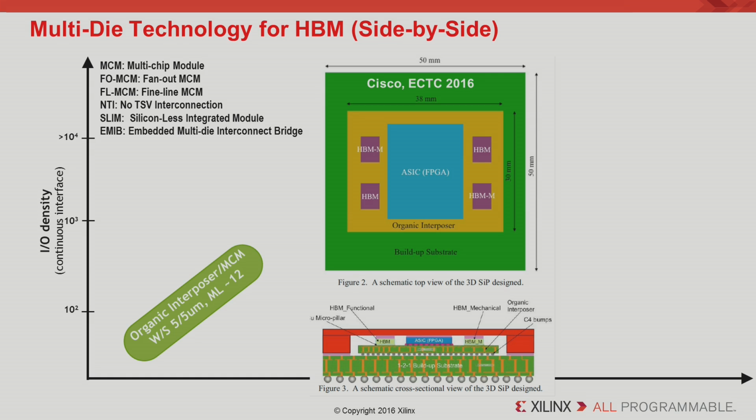In the organic interposer, the ASIC or FPGA is assembled on an interposer through C4 or finer pitch interconnections. In that case, it would be called microbumps. And the interposer itself is assembled through C4 to a regular flip chip substrate. So the difference is the organic interposer offers finer density than the regular substrate.